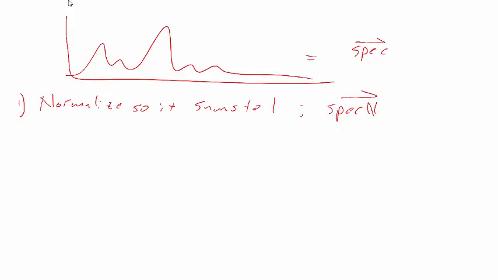Okay, anyway. Normalize it so it sums to 1, and so therefore the sum over i of spec n i equals 1.